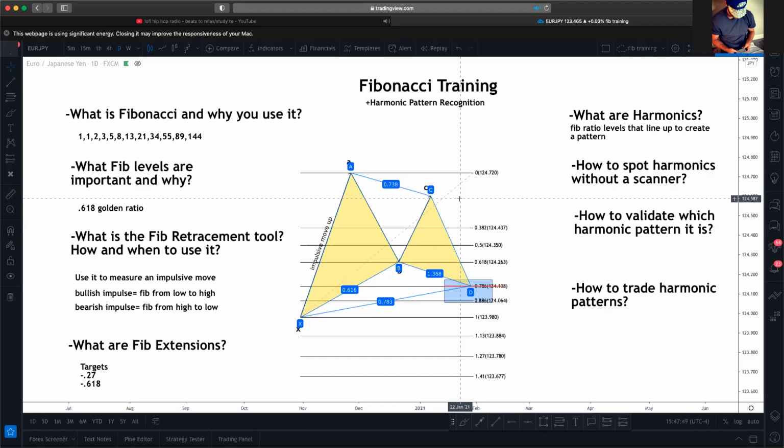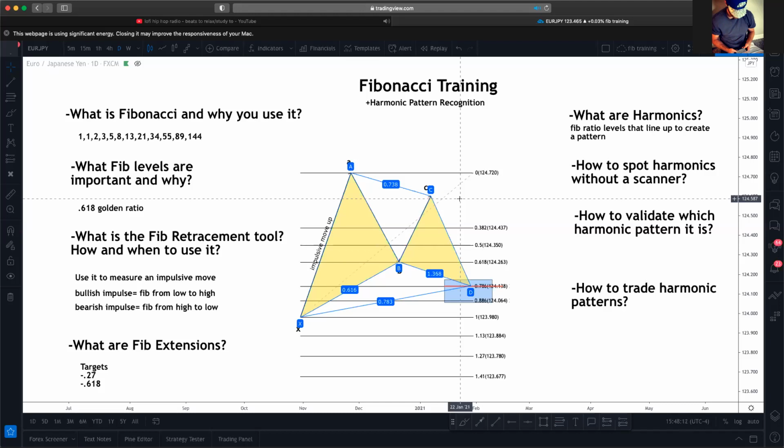So in my opinion, if it does wick past it a little bit, it's not the worst thing in the world. I'm really looking for the close of the candle, to be honest, Tiffany. But if it's a huge, crazy wick that wicks way past it, I'm going to chalk that off, because on a lower time frame, that's not a wick most of the time.